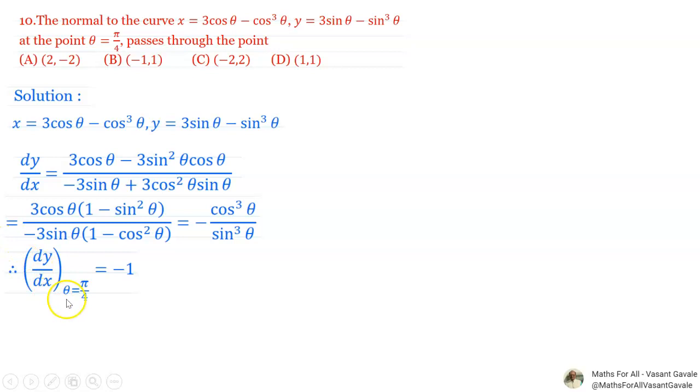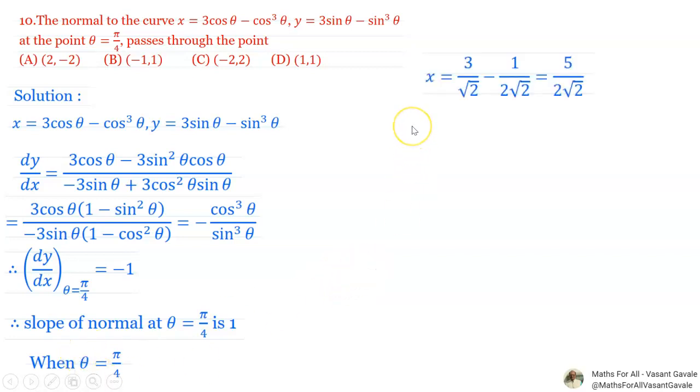dy by dx at theta is equal to pi by 4 is equal to minus 1. This is the slope of the tangent. Therefore, the slope of the normal at theta is equal to pi by 4: we take the negative reciprocal, that is equal to 1. Therefore, for the x coordinate, we will substitute theta is equal to pi by 4.